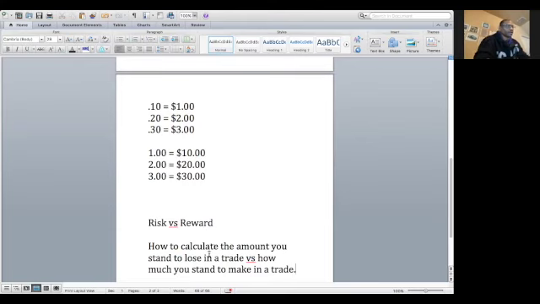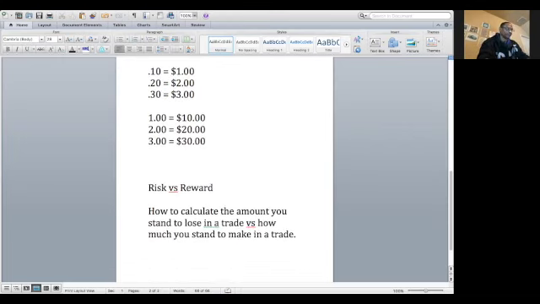So this is how to calculate the amount you stand to lose, which is your risk in a trade, versus how much you stand to make in a trade, which is your reward. Now we'll go into that.